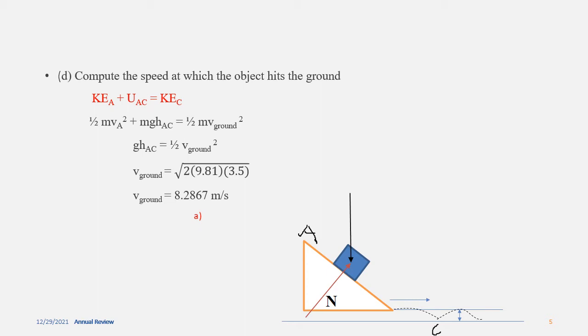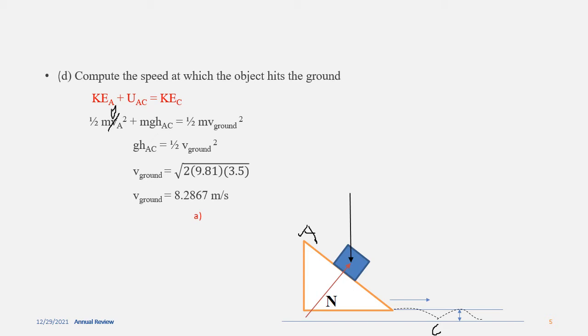Equals kinetic energy at C. The kinetic energy at A is half m v squared plus potential energy A to C mgh equals kinetic energy half m v squared. Because the initial velocity of the object at A is 0, we cancel the velocity, it becomes 0.